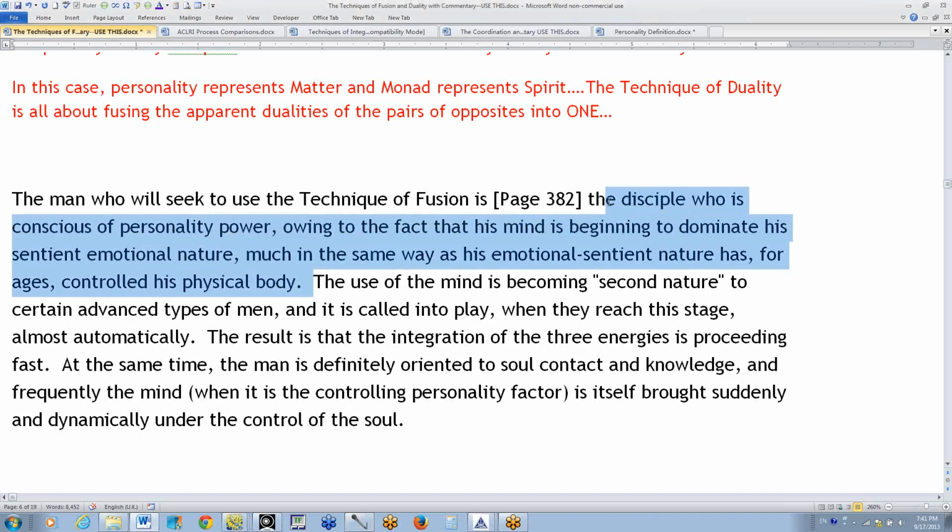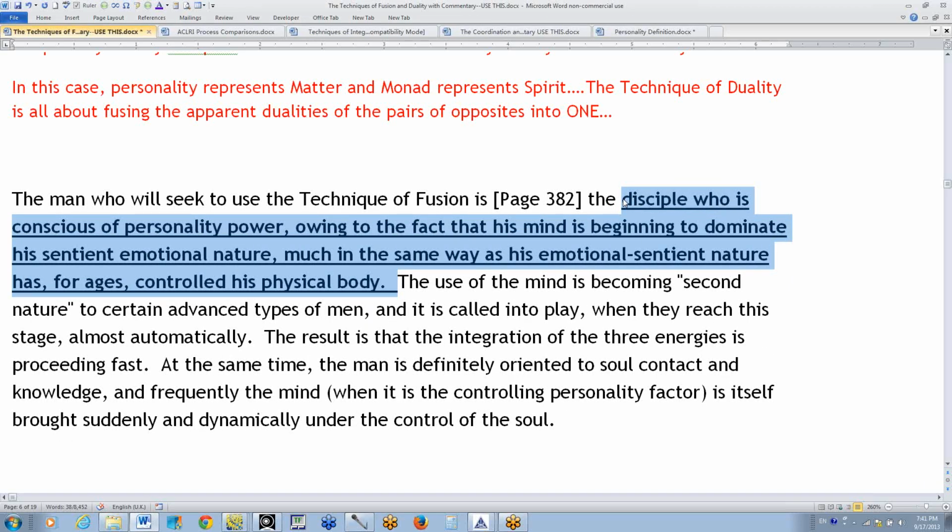The physical body does what the disciple wants. That's what it means there, but now it's something else. The emotions behave according to what the disciple wills them to do. The mind here is the agent of the will.